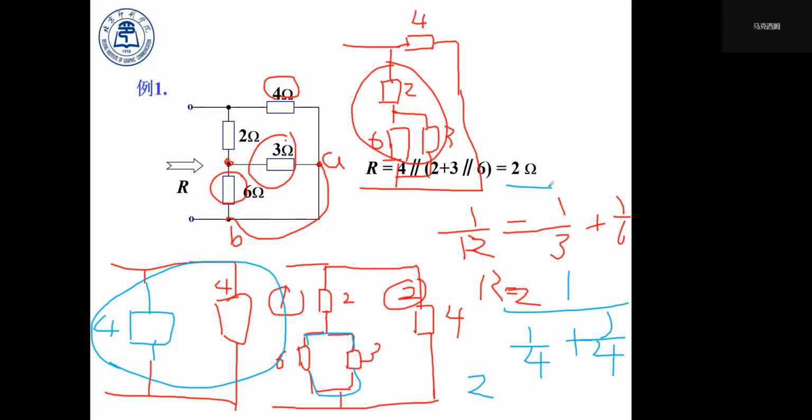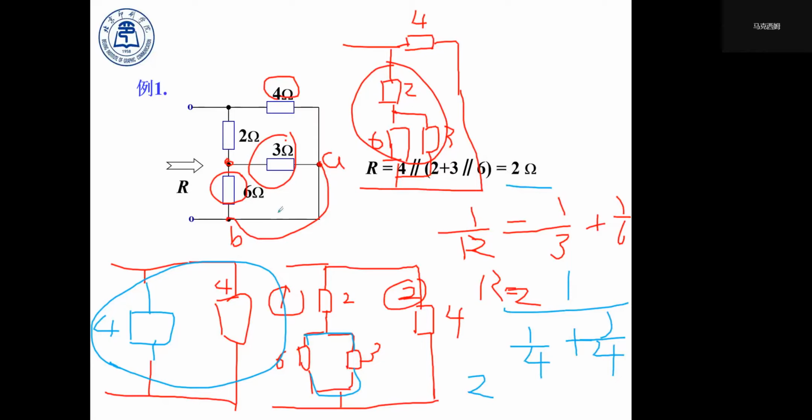So you can see that by applying the replacement of series connected resistors and parallel connected resistors with the idea of equivalent resistance, we can simplify this kind of network into one single resistor.